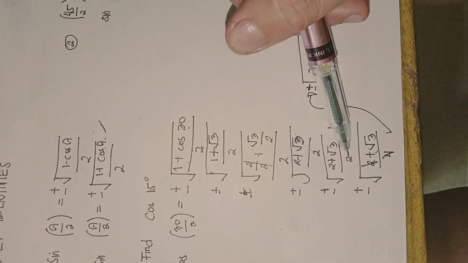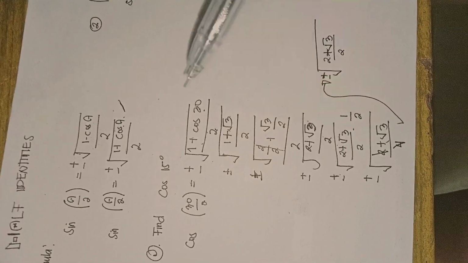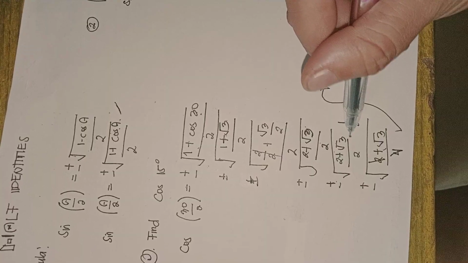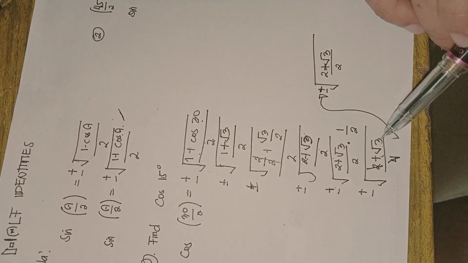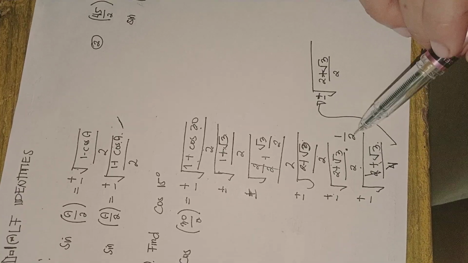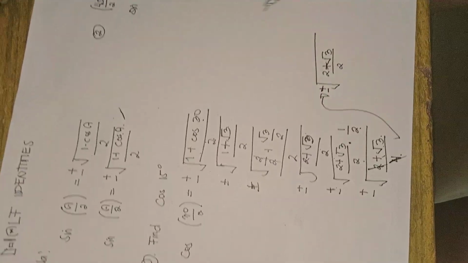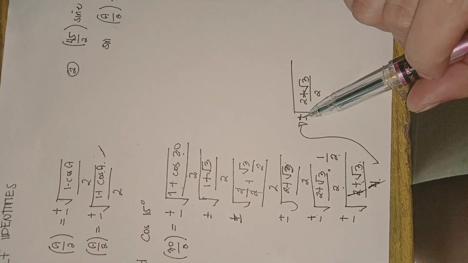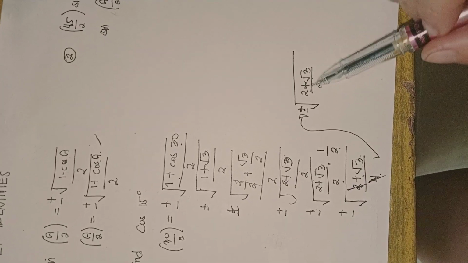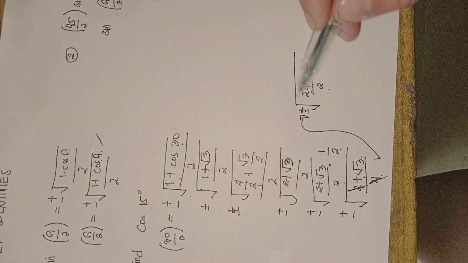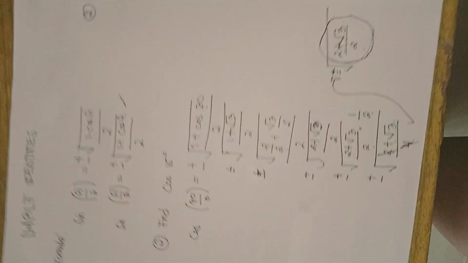In half identities, this double square root is not allowed, so we need to multiply by 1/2. So we have now 2 plus square root of 3 and 2 plus 2, 4, that will be 4, and cancel out. So we have the answer of positive negative square root of 2 plus square root of 3 over 2. That is the cosine of 15.